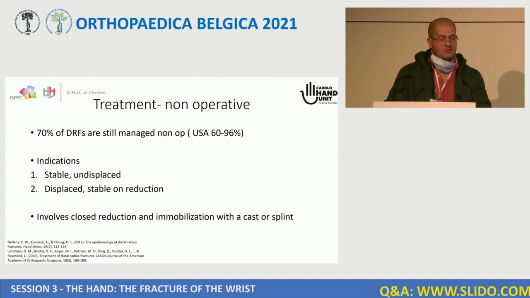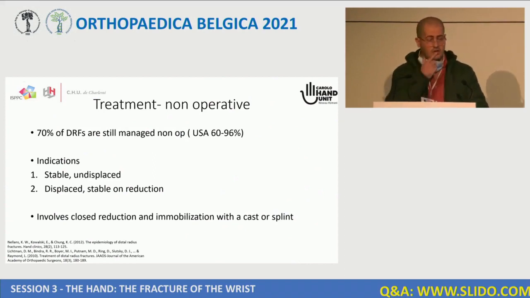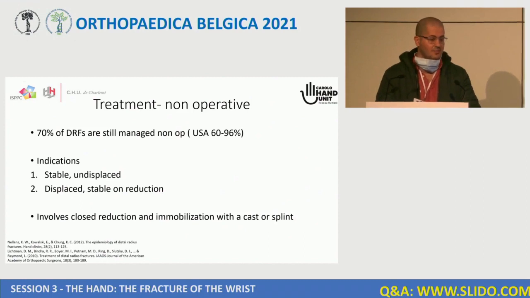So 70% of distal radius fractures are still managed non-operatively. The indications for non-operative treatment are stable undisplaced fractures or displaced fractures that become stable after reduction.